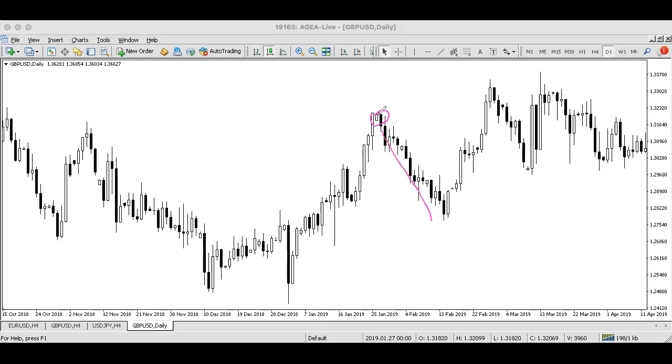We can also see it as a supply zone, if you see how prices went all the way there, played around it, and came back again.